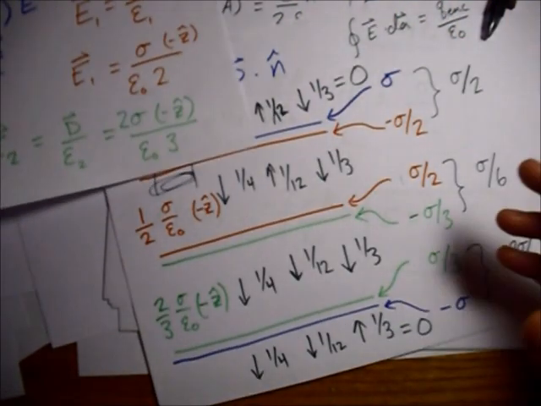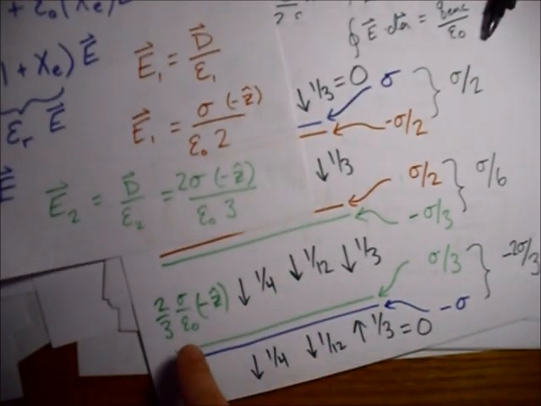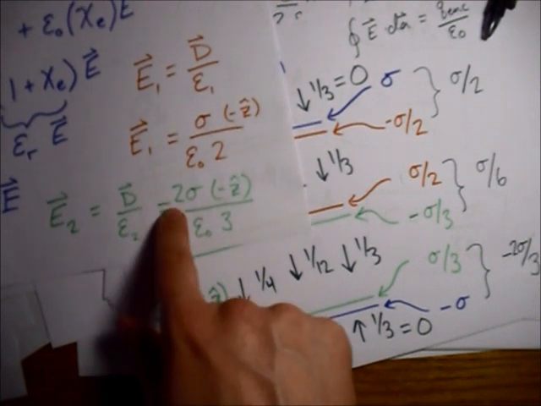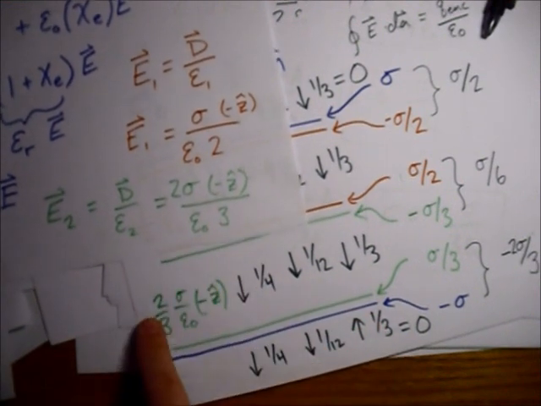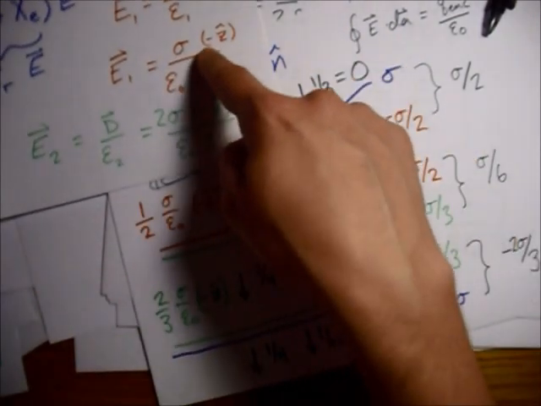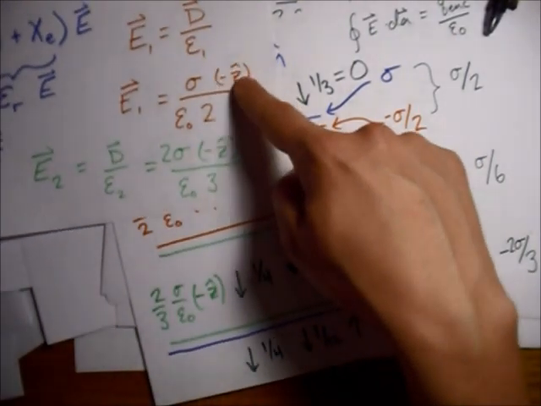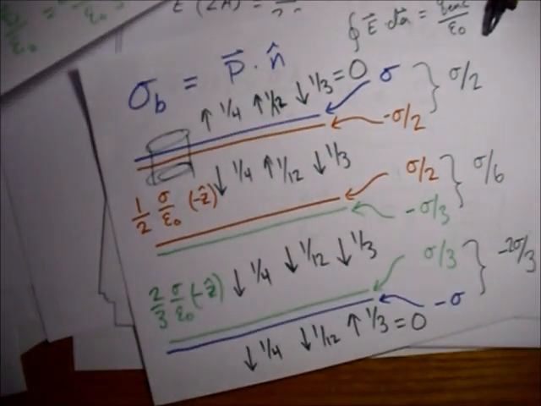And well, yeah, because of the symmetry and stuff too, so that's important. So 2 sigma over 3 epsilon naught, 2 sigma over 3 epsilon naught, minus z hat direction, and here we have sigma over epsilon naught, and our 2, again in the minus z hat direction. So yeah, it checks out.